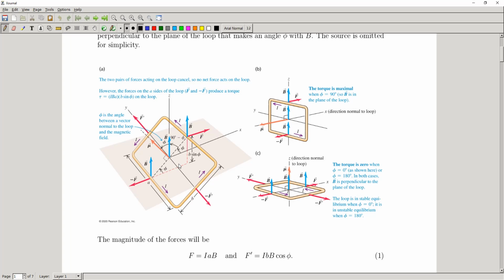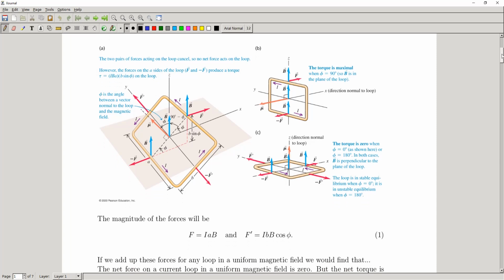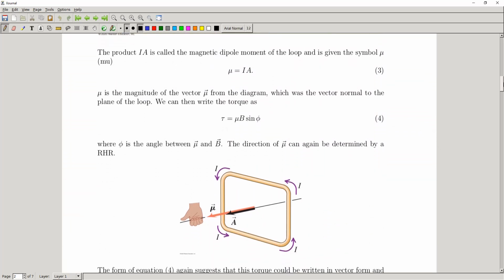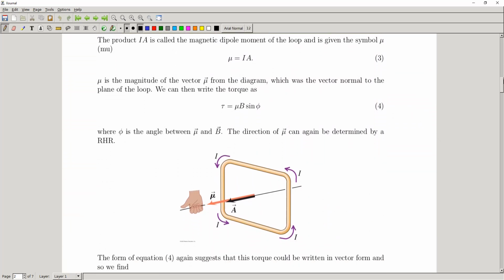But in the case of a magnetic dipole moment, we have a firm definition where we're forced by our conventions to make it point in the same direction every time, and the way we determine that direction is with another right-hand rule. You can imagine this would be our usual area vector coming out of our surface here, which is now the area of our loop.